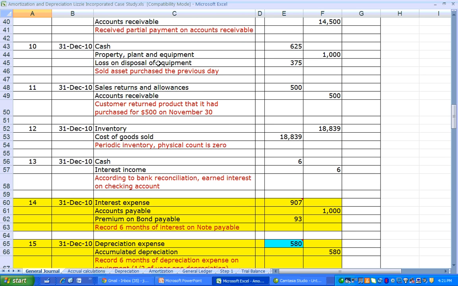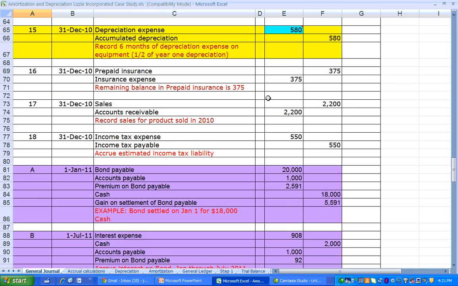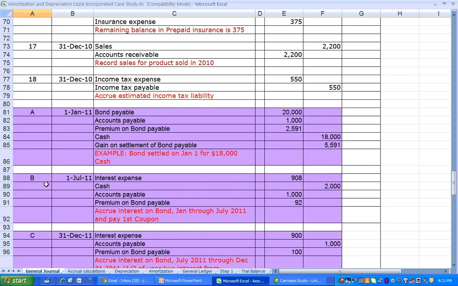I also pushed forward scenario B. This doesn't take into consideration scenario A. This is what we would need to record for interest expense for July 2011. It was the other half of the interest expense. The amount of cash that was paid on July 1st of 2011 was the coupon amount.